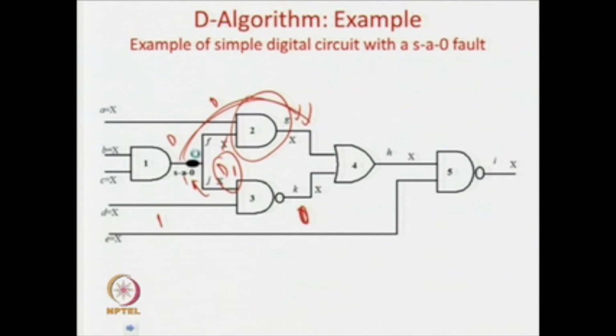So, there is one more step which is having a problem. There are two ways of saying it in the approach we have taken. We are keeping as many x's as possible, and then we say that we have lost one step, or we require one more step in the computation. But if you have taken the other way around, if you had applied a D in place of J initially, then our backtrack or our inconsistency would have been caught in net number J itself, but now it has been caught at the output of gate number 1.